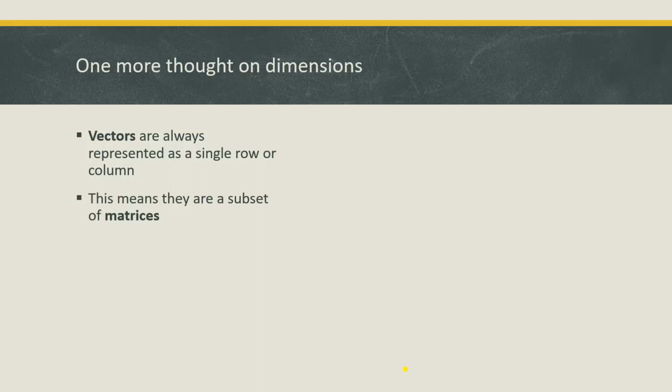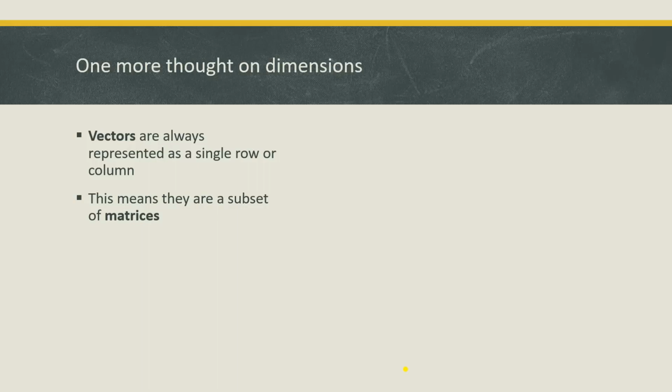Now, here's another thought on dimensions. And you actually might have thought of this on the last example when we got to matrix C that had only 1 row. Vectors are always represented as a single row or column, as we defined early in the lecture. This means that they are a subset of matrices, because we said matrices simply have R rows and C columns. Well, if one of those is a 1, either 1 row or 1 column, then we simply have a vector.